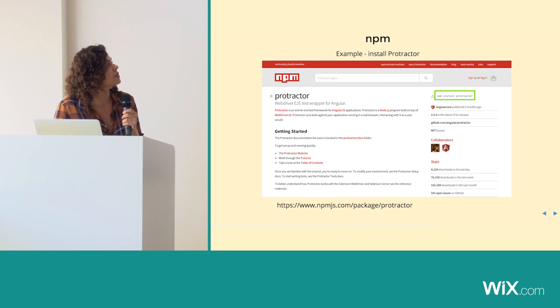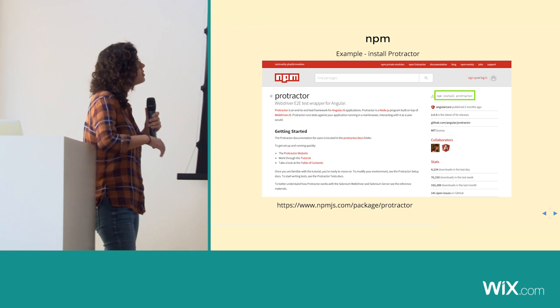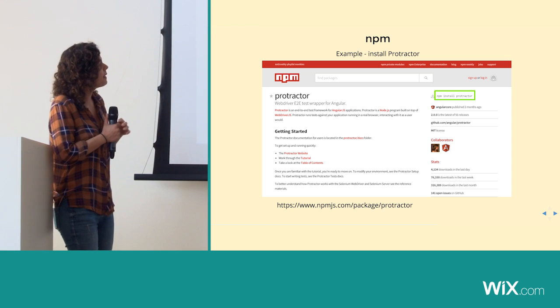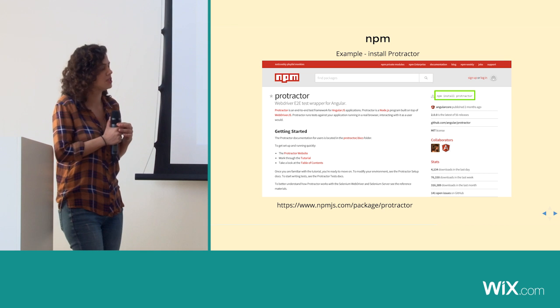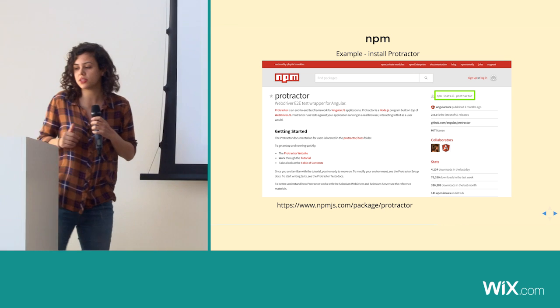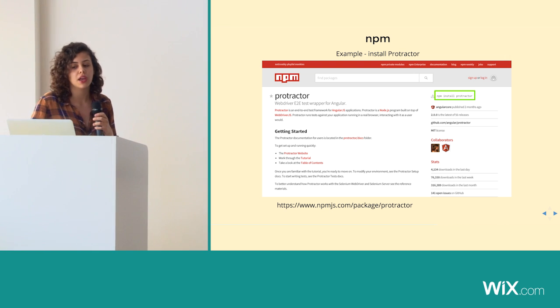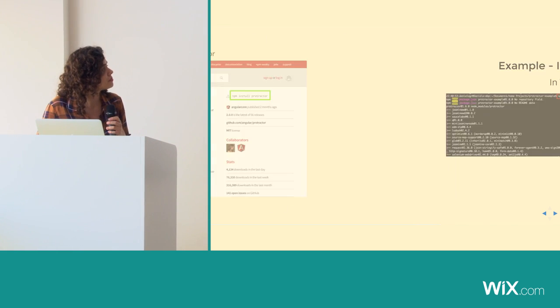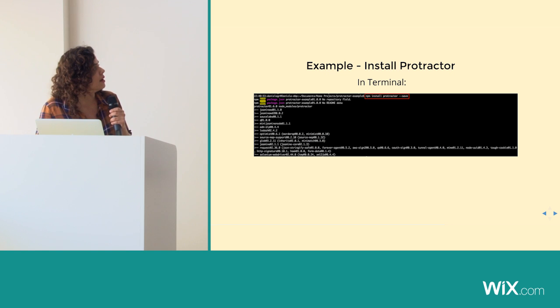This is an example from the NPM website, where we can install Protractor. We have here a couple of great tutorials on using Protractor and the command to install it in our project. So in our project root, we're going to write npm install protractor.